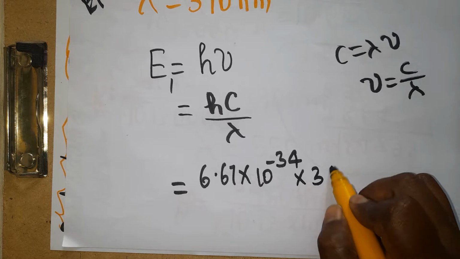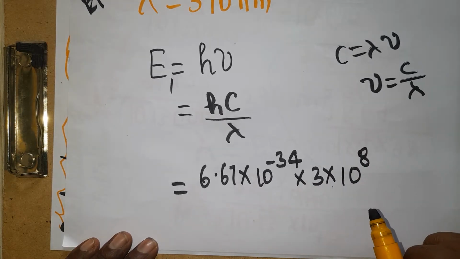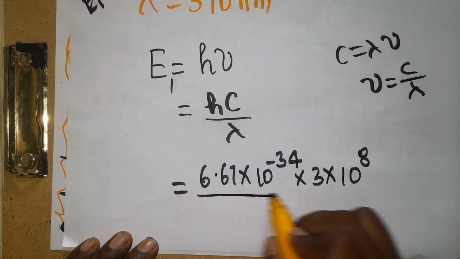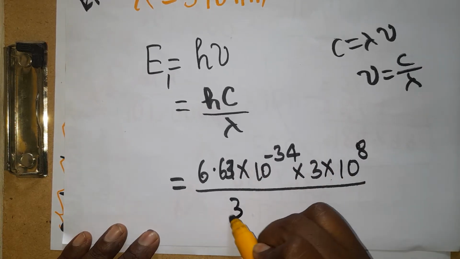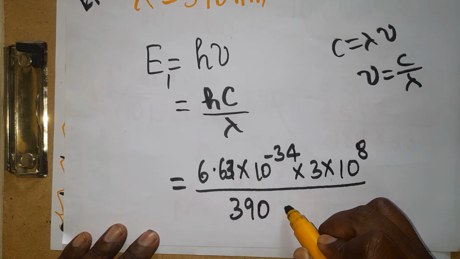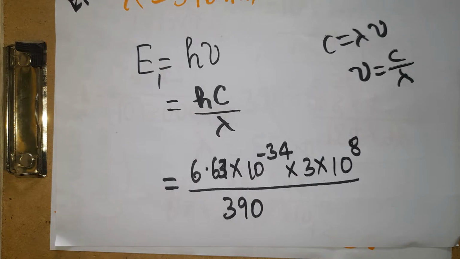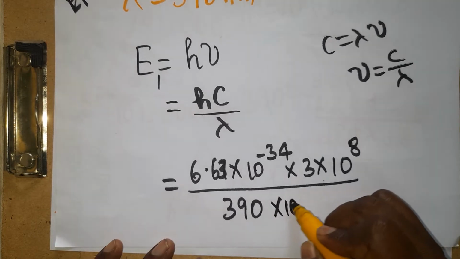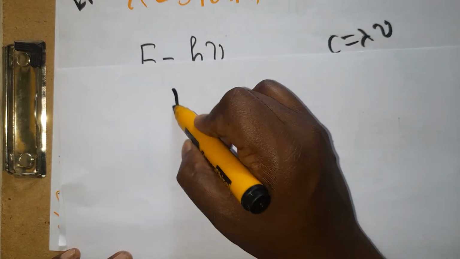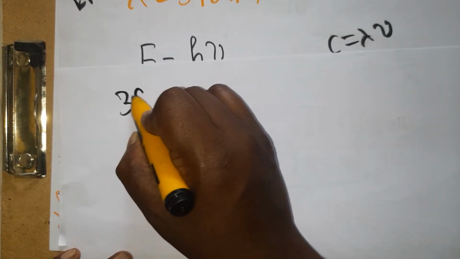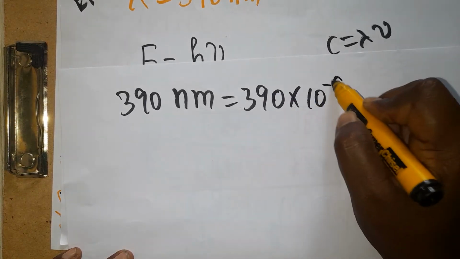C is 3 into 10 power 8 meter per second. The wavelength is 390 nanometer. For nanometer to meter conversion, you should include 10 power minus 9. Always do the problem in meters. So 390 nanometer is 390 into 10 power minus 9 meter.